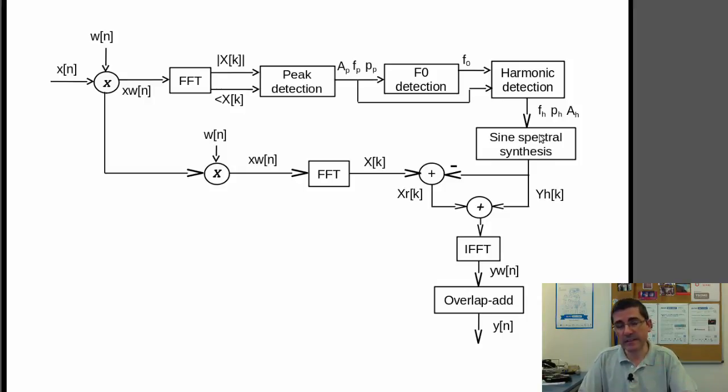So we're synthesizing the lobes of the harmonics. And now in this week, what we are focusing on is this subtraction. So we're focusing on how these sinusoids can be subtracted from the original signal.